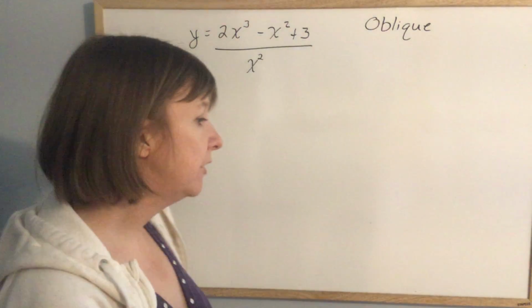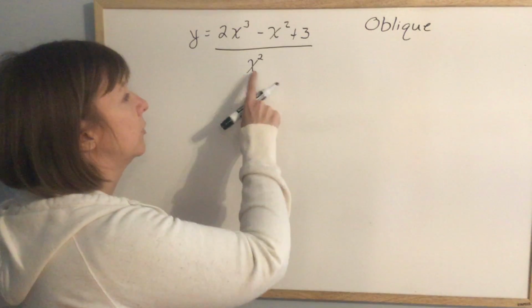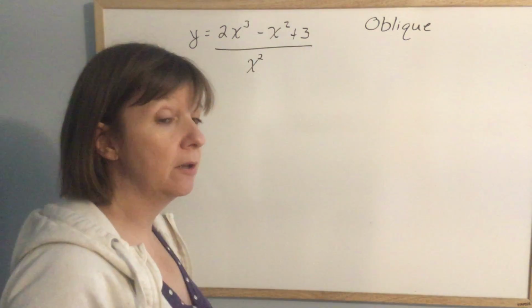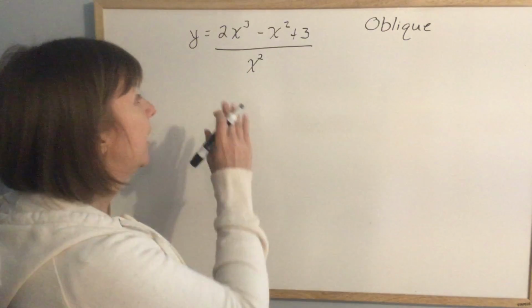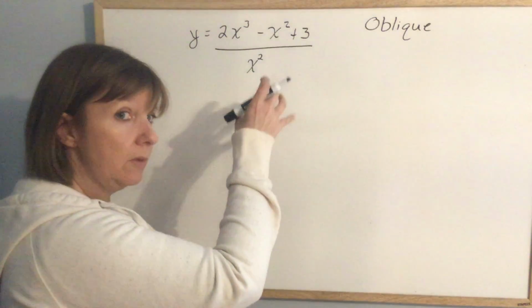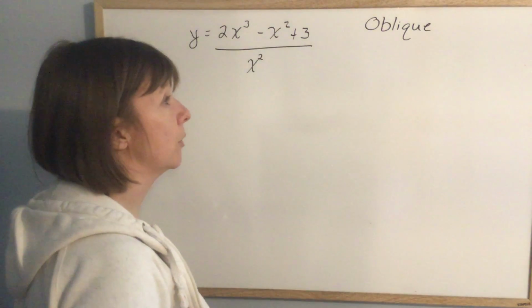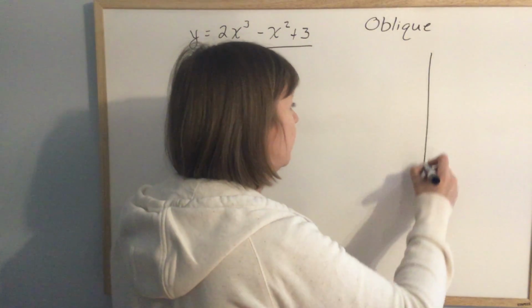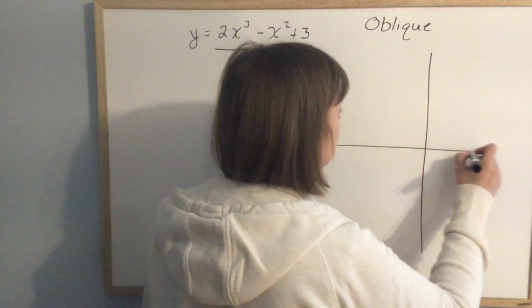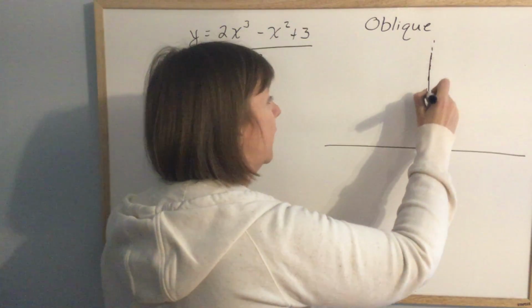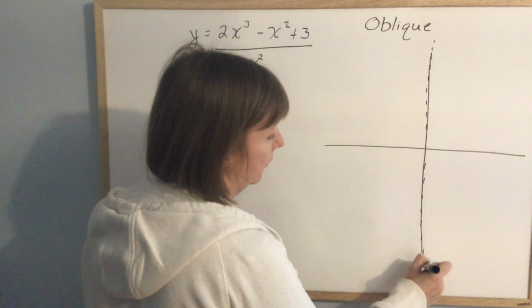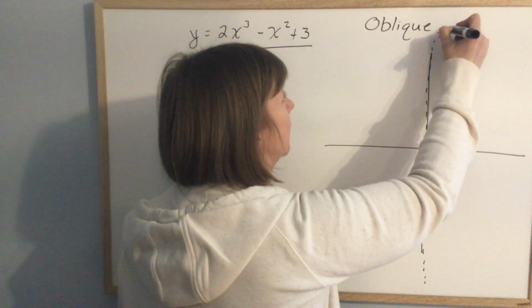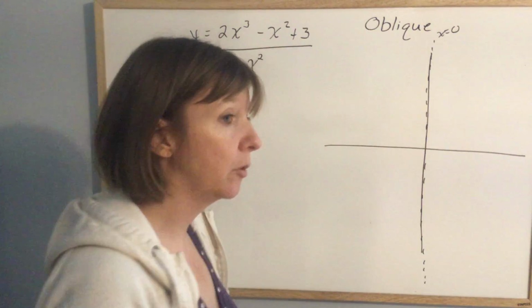So I do know that there's a vertical asymptote because there is a variable in the denominator. Now, what would x have to be to make the denominator 0? And I hope you're saying 0. So there is a vertical asymptote where x is 0. So right here, there would be a vertical asymptote.